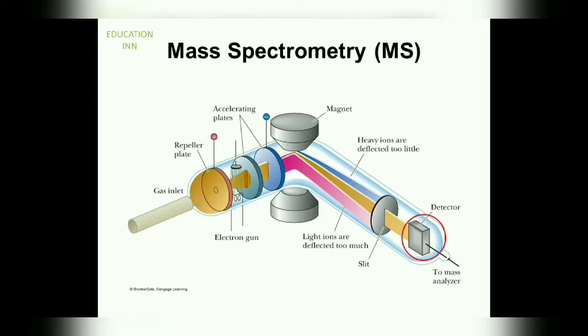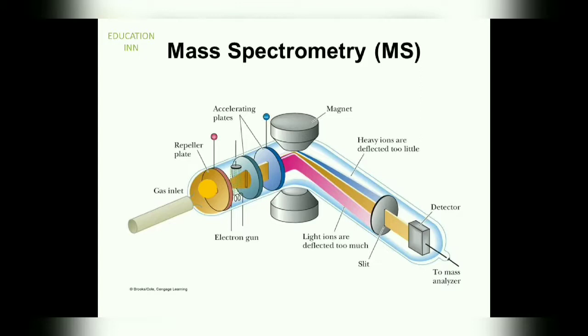This is the detector which is connected to a computer and plots a graph which shows the relative abundance or atomic masses of different isotopes. This video shows how the sample enters the mass spectrometer.